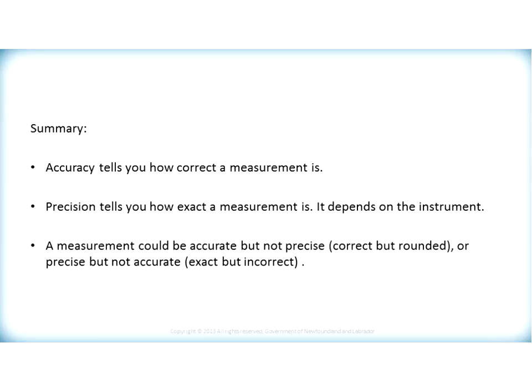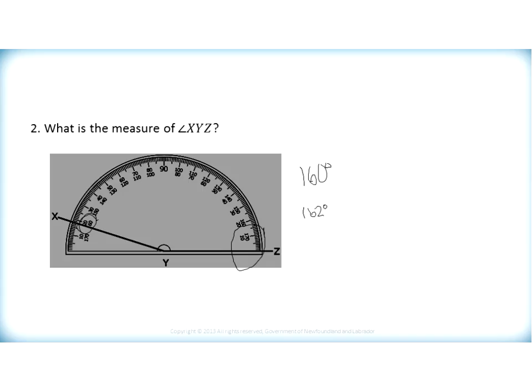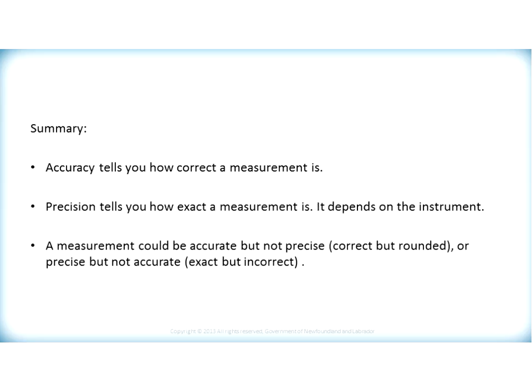For instance, if we go back to question 2, I could precisely say that my measurement, if I'm starting from 0 degrees here, using the outside measurements, is a precise angle for angle XYZ of 18 degrees. However, even though that's a precise answer, it's not an accurate answer. So we can have things that are accurate but not precise, and precise but not accurate.